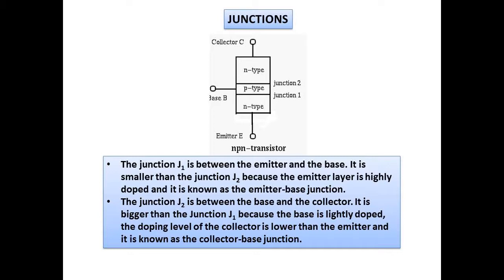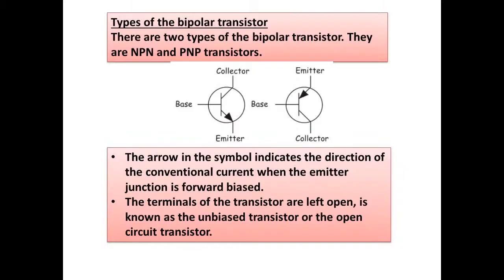It is bigger than the junction J1 because the base is lightly doped. The doping level of the collector is lower than the emitter, and it is known as the collector base junction.